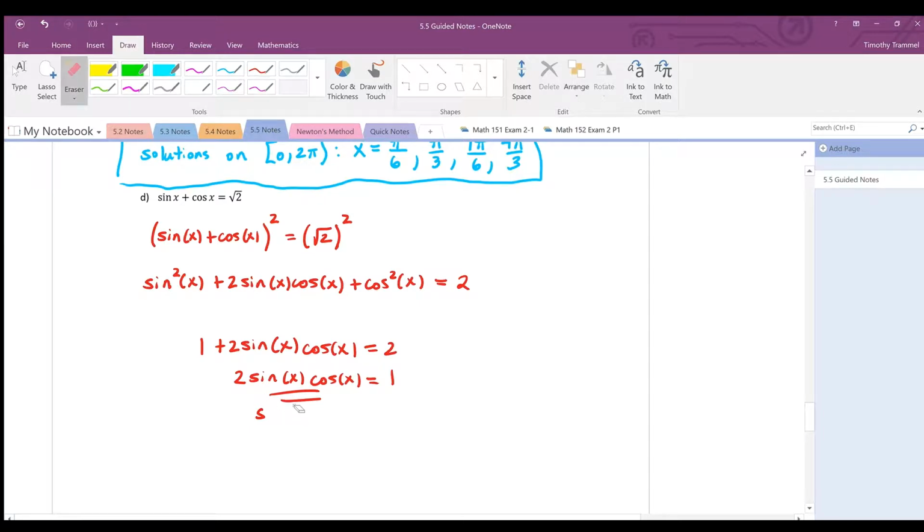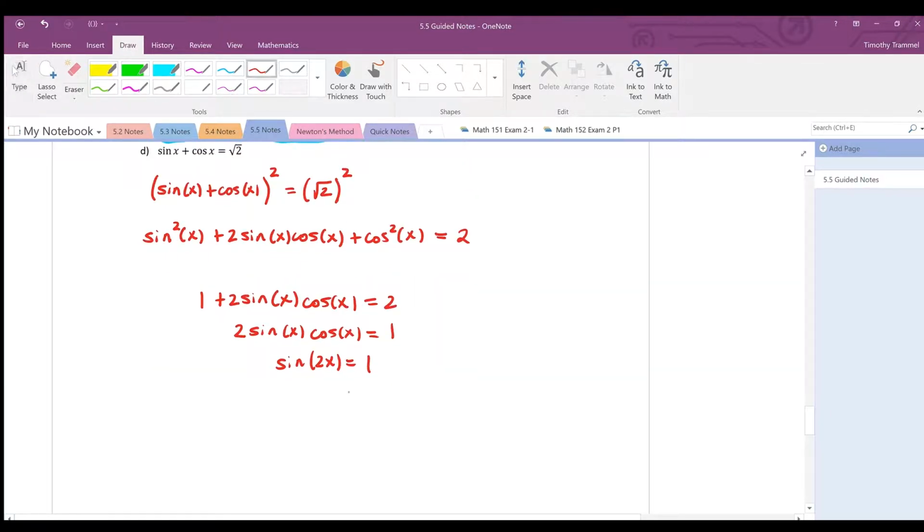So why don't we use the fact that 2 sine of x cosine x is equal to sine of 2x, like we did up above. So now we have sine of 2x is equal to 1, and we just need to think about where this happens.